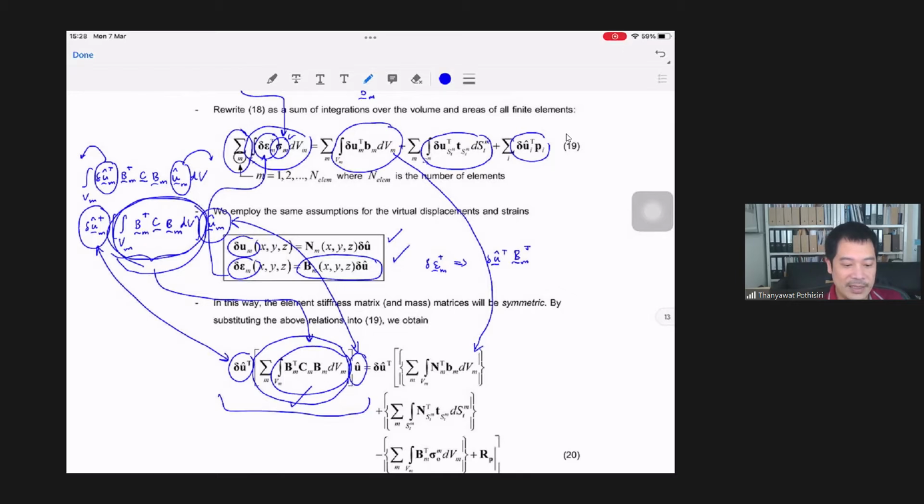Again, how do we end up with something like this? Because you have del u hat equals, and multiply with, I'm sorry, this shouldn't be a hat here.